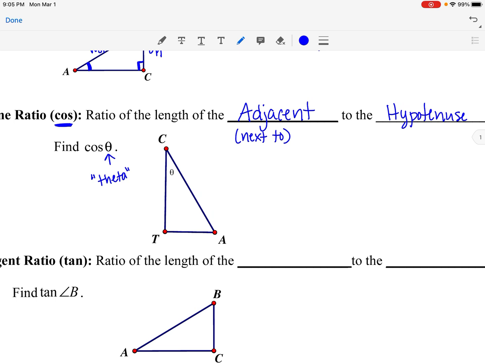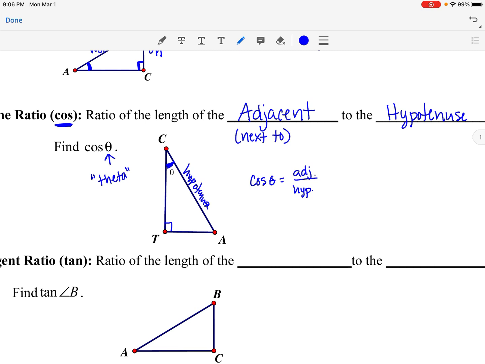To find the cosine of theta, which is marked here at angle C, we are looking for the adjacent side over the hypotenuse. So we need to label which ones those are. I usually identify the hypotenuse first so I don't confuse it with anything else. That's across from my right angle, right here.